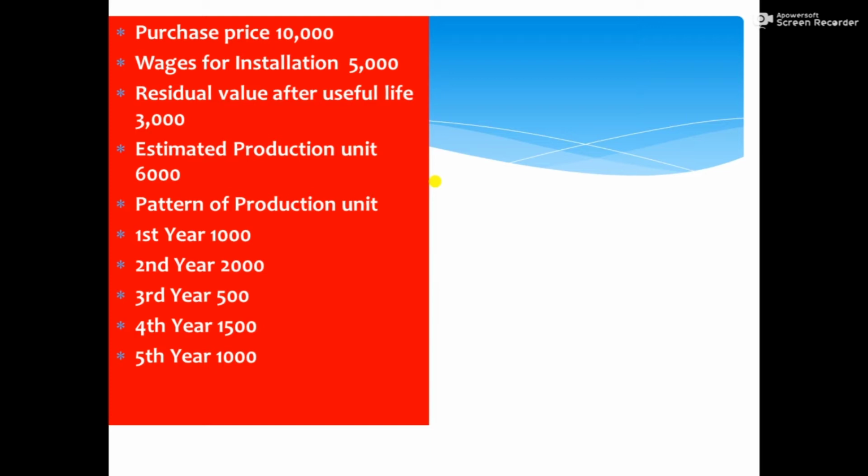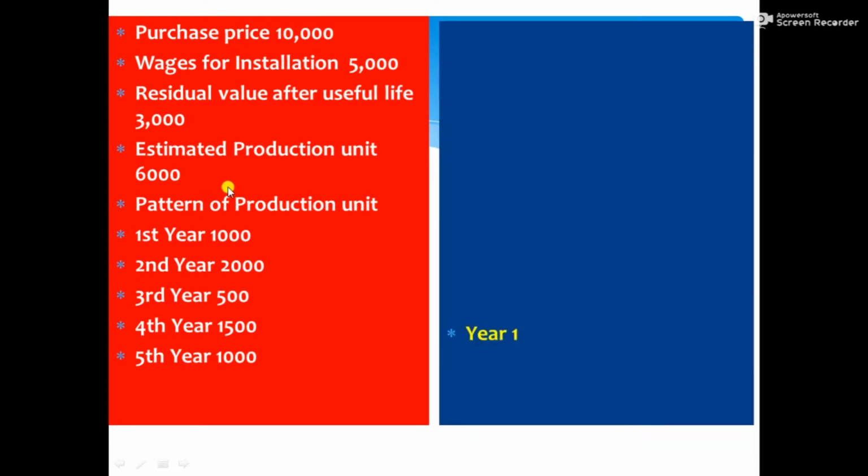The pattern of production is given: first year 1,000, and therefore your first year depreciation will be 12,000 into the first year production 1,000 divided by total estimated production 6,000. The depreciation is 2,000 rupees for the first year.